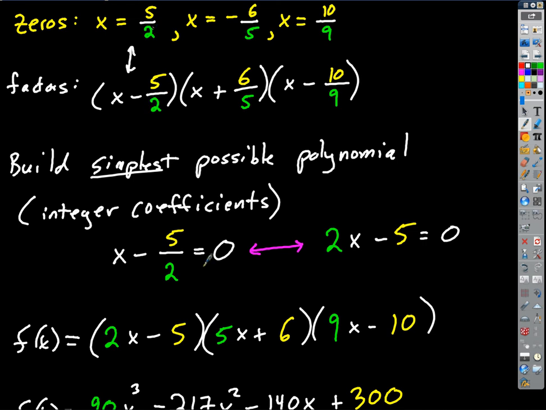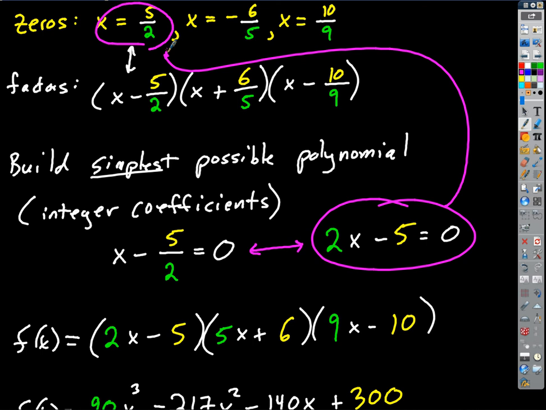Well, to make that simpler, I've got an equation that's set equal to 0. Why wouldn't I just multiply each side through by 2 to clear the fractions? If I distributed a 2 through both sides, I'd get 2x minus 5 equals 0. But that still works, right? Because that equation still has that zero.